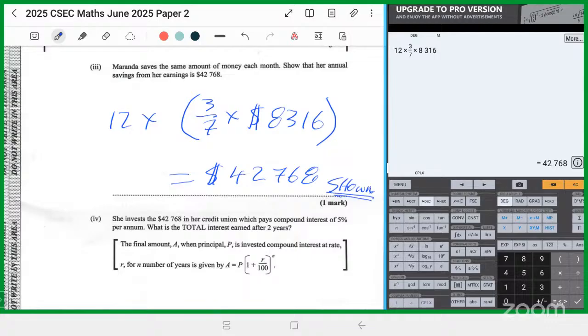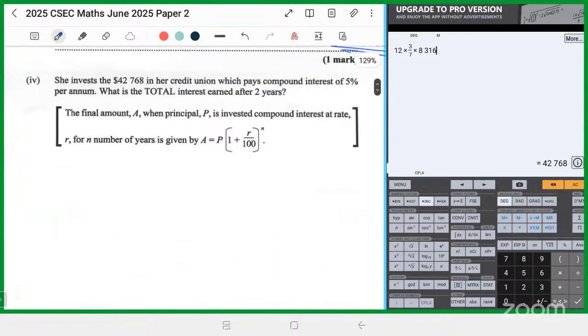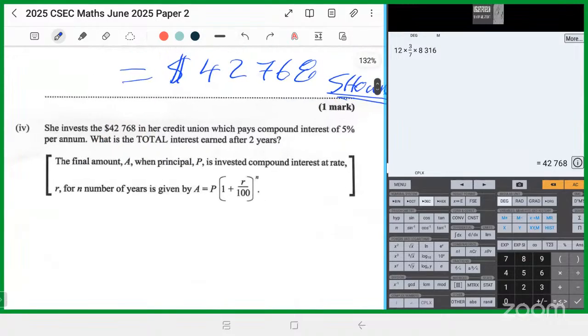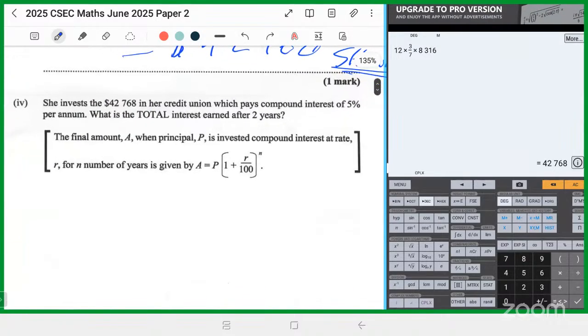All right, nice. This part says she invests this amount, the same amount that she saves. She invests in a credit union which pays compound interest, 5% per annum. So each year the new value is going to be 105%. What is the total interest earned after 2 years?